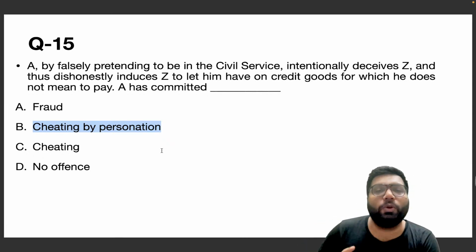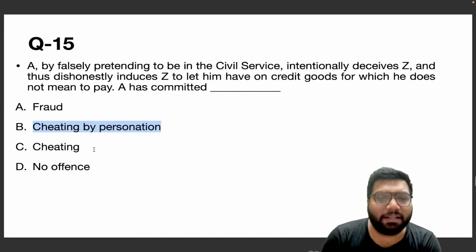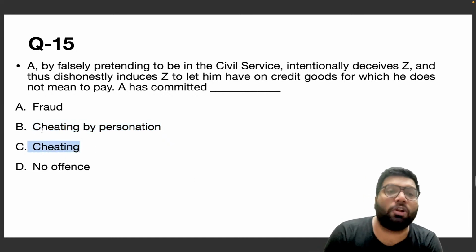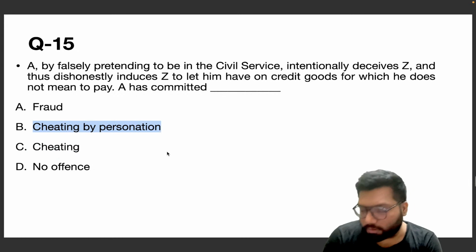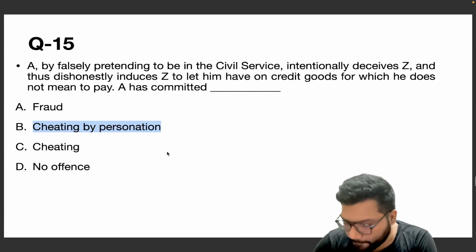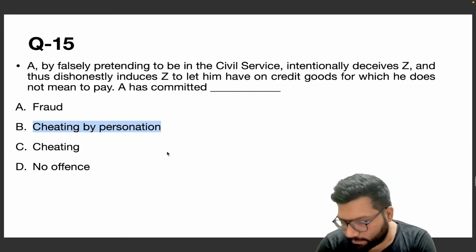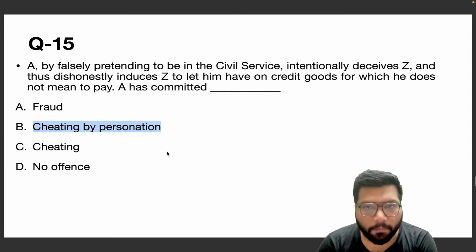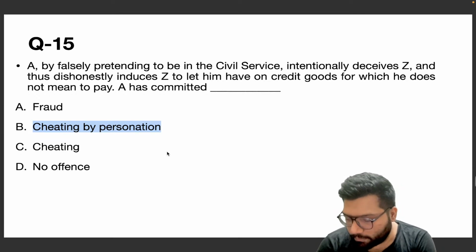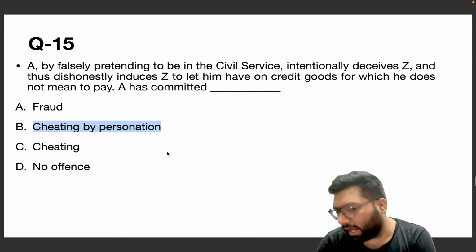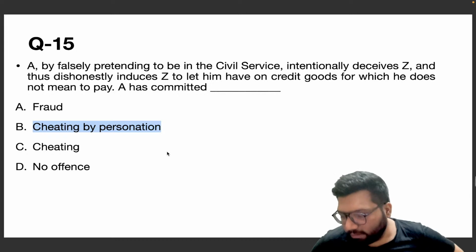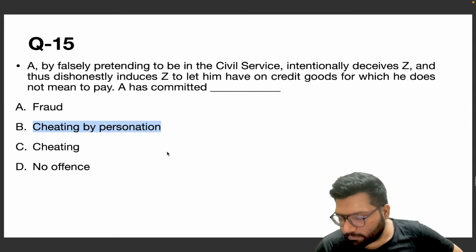But now I want to know the reasons why it is a case of cheating and why not cheating by personation. Sunita, waiting for your reasons, or anyone who wants to attempt. Okay, perfect.